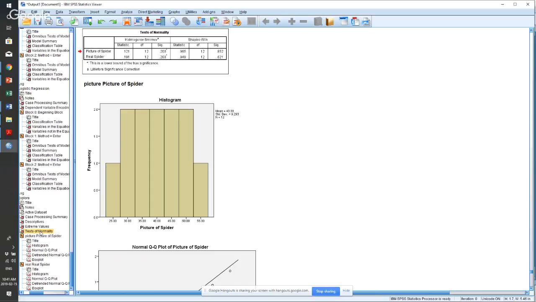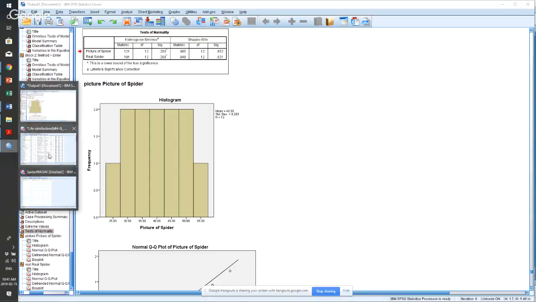For example, I would compute a new variable: picture of spider minus real spider. I would now explore that new variable. So I'll show you in a second. This is best practice.